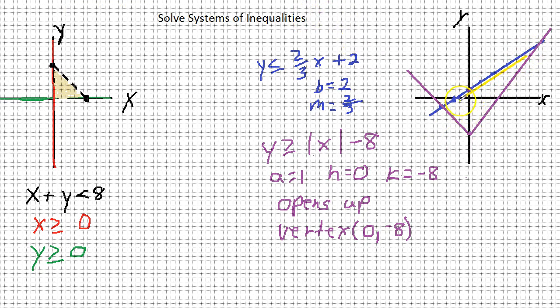It means that it has boundaries. Okay, if I would have had to shade out here or something, that would be an unbounded region. But we have for both of these what's called a bounded region because it's boxed in, so to speak. Or should I say triangled in? Either way, there's our system of inequalities.